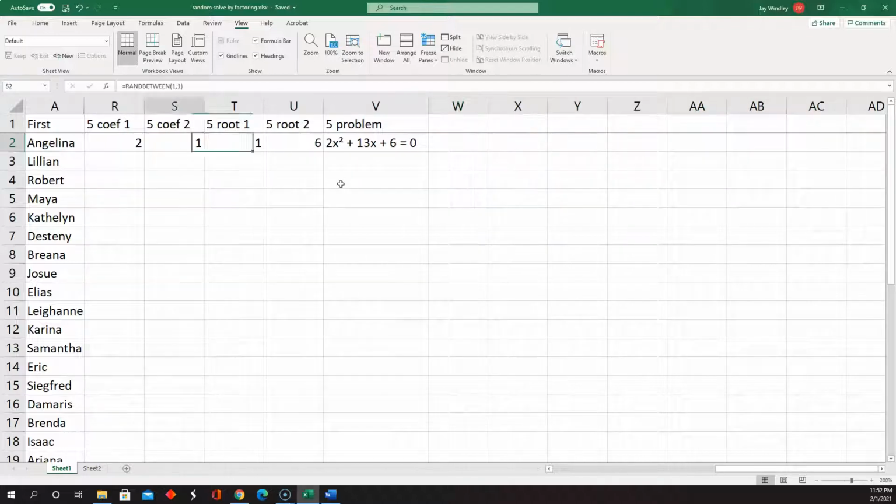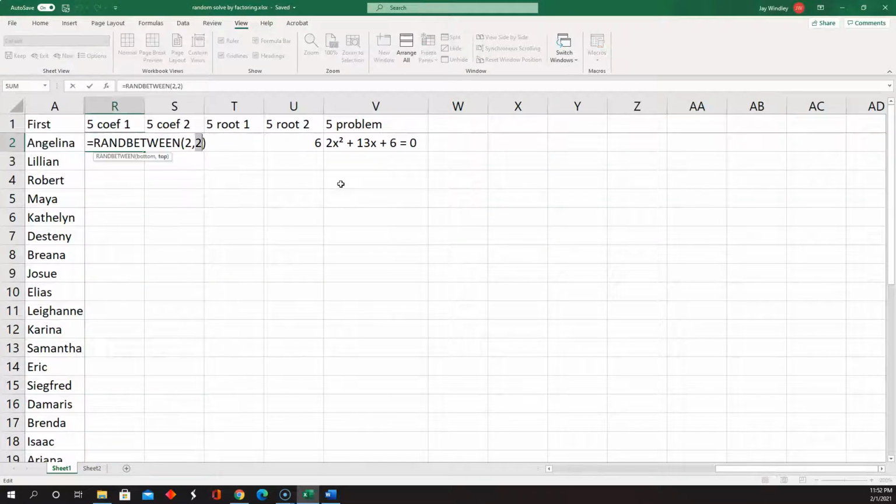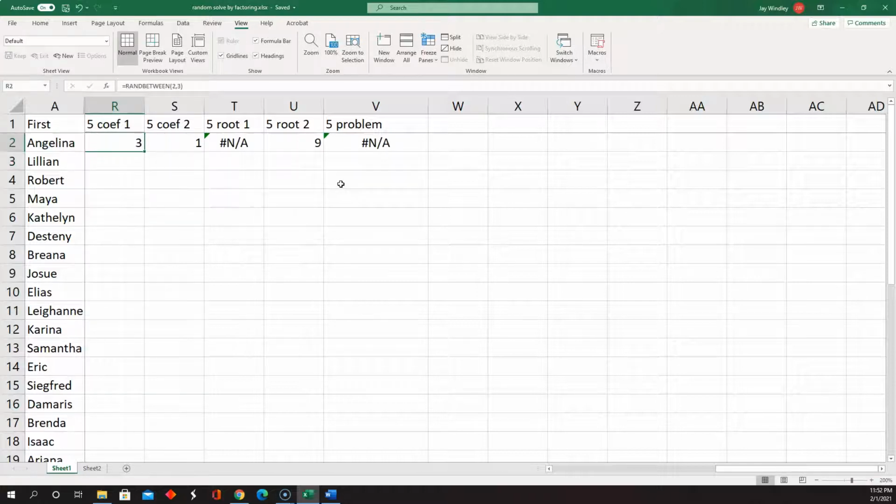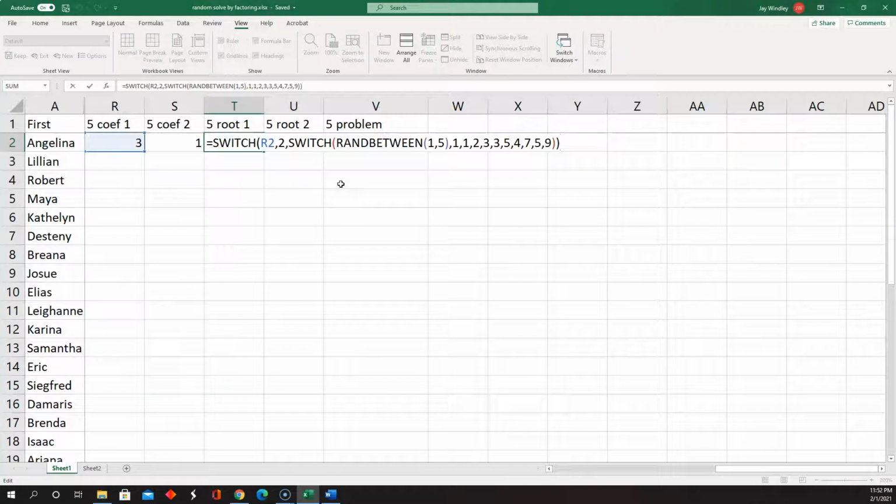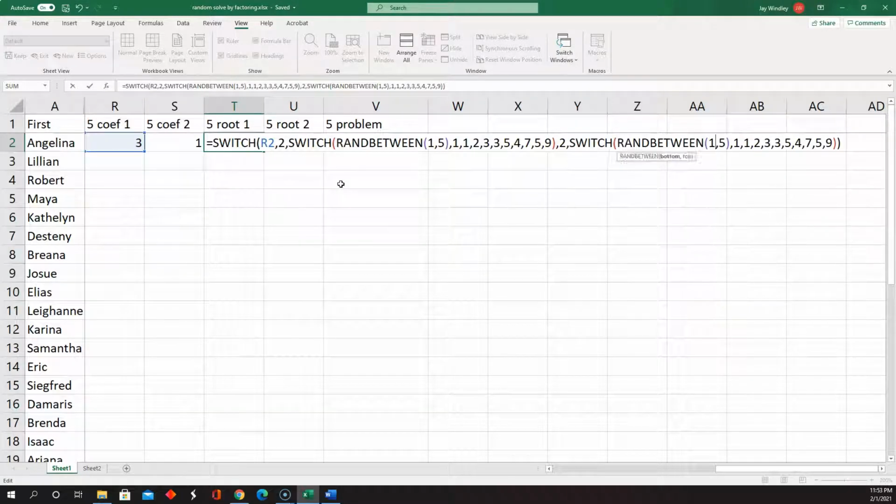So now root 1 is being chosen randomly, but it's always choosing an odd number because this coefficient here is 2. Now, what if I want this coefficient to possibly be 3? I have to add another case to my switch over here. So all of this that I was doing if R2 is 2, copy. I need to do that all again if R2 is a 3. So now if R2 is a 3, my first choice for this root is a 1. My second choice is a 2.